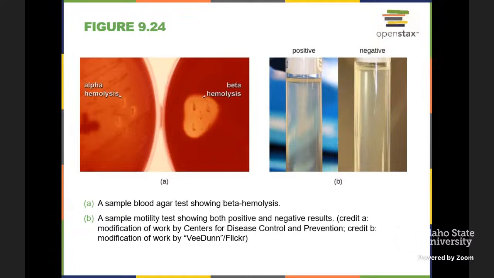That can work as long as you don't have an organism that's capable of breaking down that sulfur, because if it does that, the whole tube ends up turning black, and you can't tell if that organism's motile or not, right? So there are other tubes that we might use, especially if your SIMs turned black and you're still wondering, are these suckers motile or not?